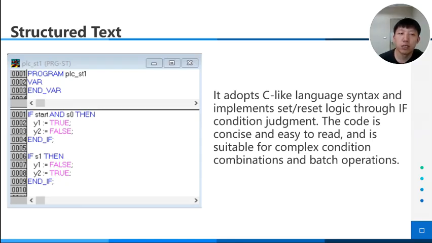When S1 is true, set Y1 to false and Y2 to true. The piston retracts. When reset is true, set both Y1 and Y2 to false to restore the initial state. This way has simple and readable code, good for handling complex condition combinations.